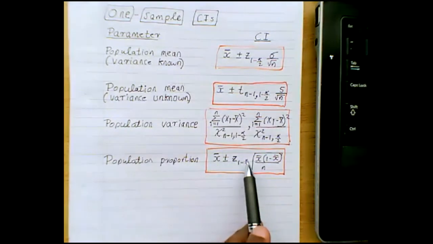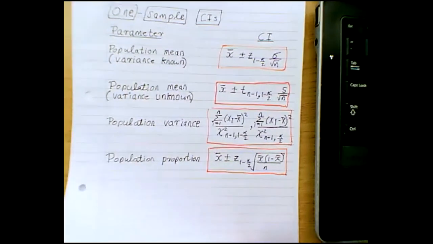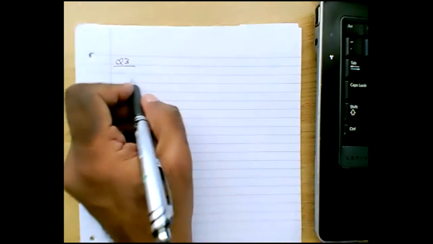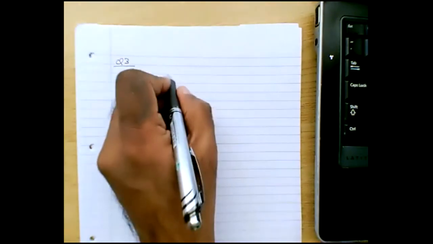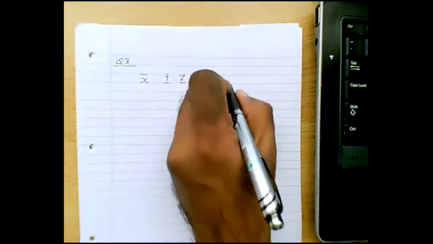I'll do this quickly because I'm running out of time. So this is question 3. The formula I'm going to use is x bar plus or minus z 1 minus alpha by 2.